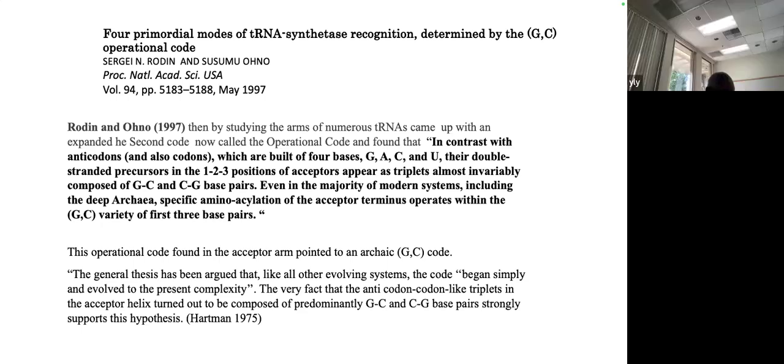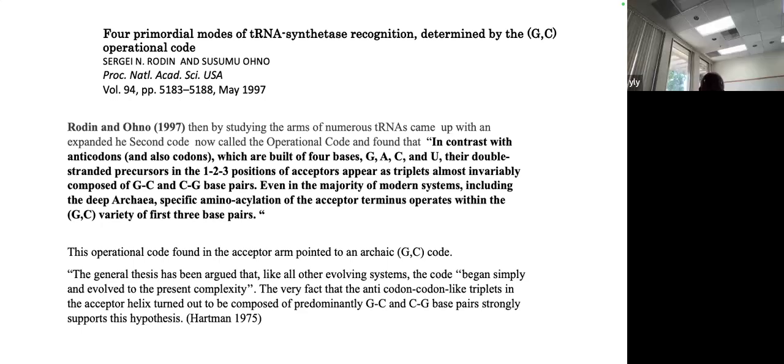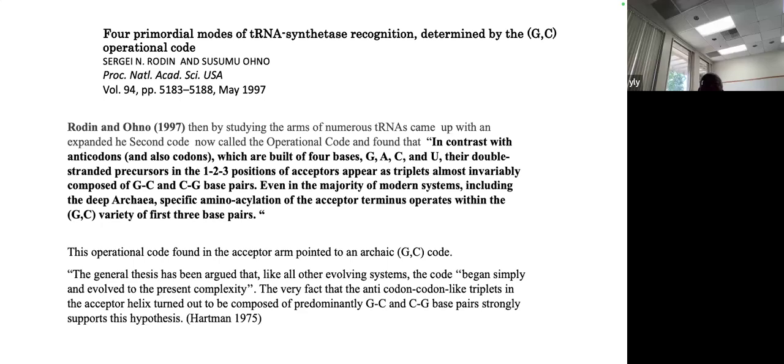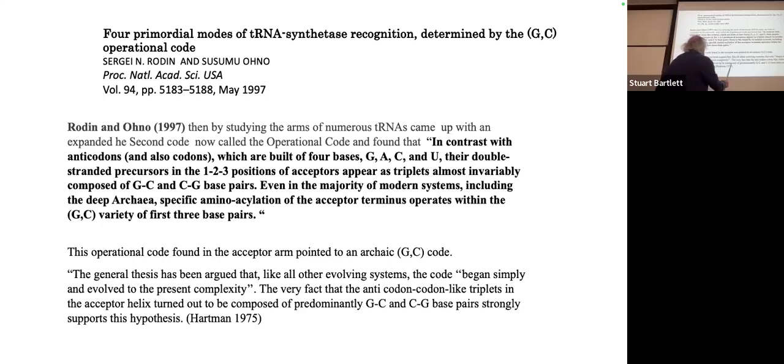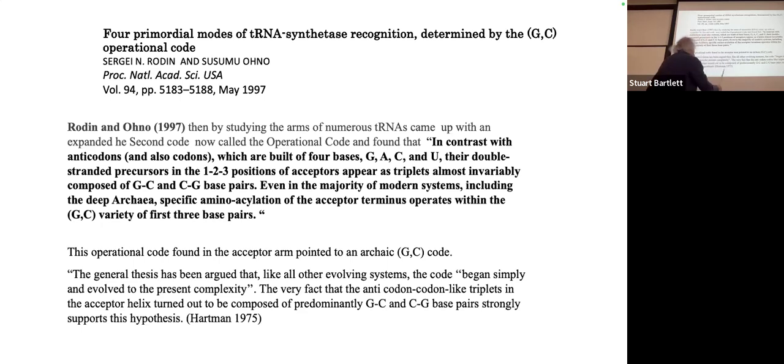The general thesis has been argued that, like all other evolving systems, the code began simply and evolved to the present complexity. The very fact that the anticodon-codon-like triplets in the acceptor helix turned out to be composed predominantly of GC and CG base pairs strongly supports this hypothesis.